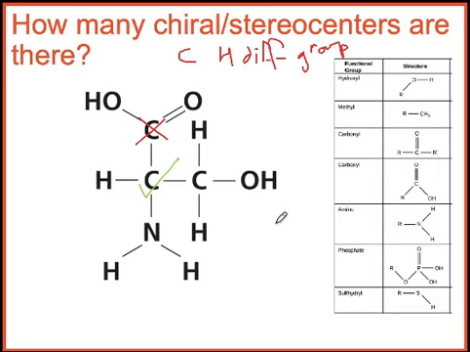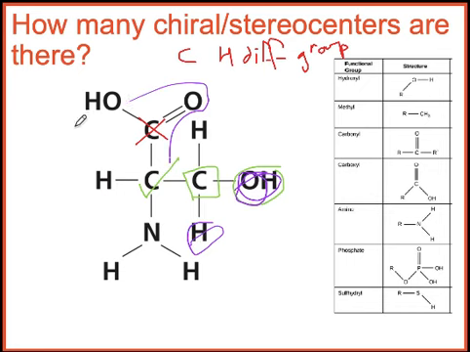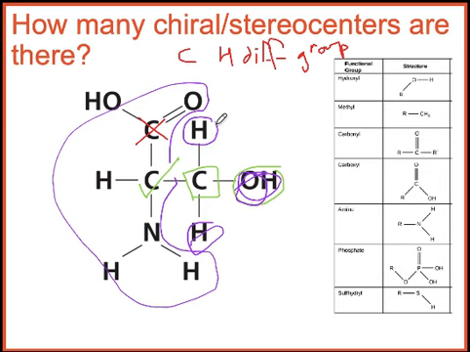Last but not least, here we have an OH. For this carbon, we're going to assess if it's a chiral center. Here we're going to have this OH, this hydrogen, this big appendage of a group, and here a hydrogen. Oh, it looks like there's 4 groups. But look, there's 2 of the same groups, hydrogens.